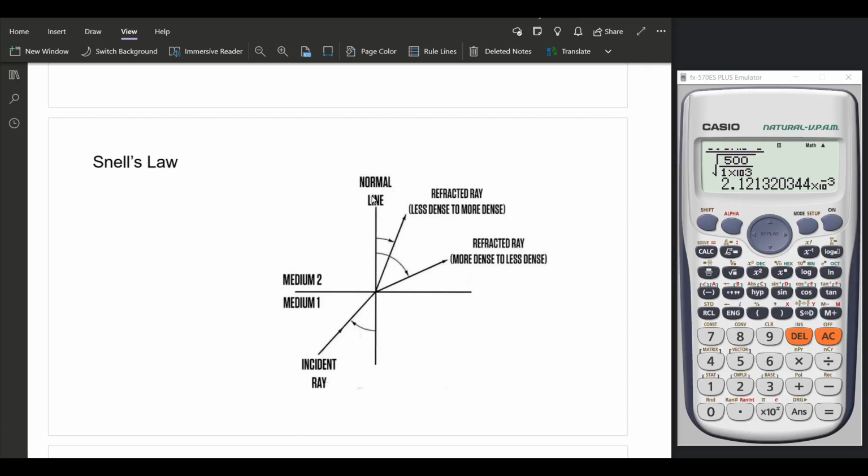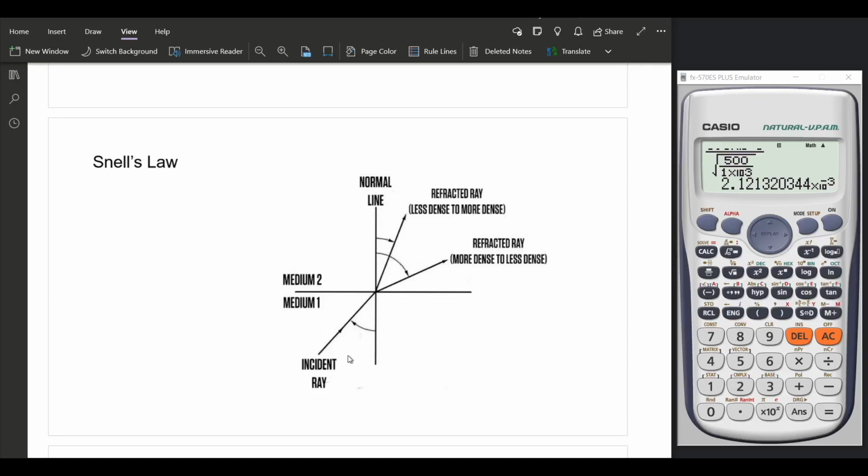The normal line is the line perpendicular dun sa dalawang surface. Ito yung surface mo, ito yung parang boundary nila. So medium 1, medium 2. So this will be the normal line. Dyan mini-measure yung angle of incidence at saka yung refraction angle or angle of refraction. So with respect palagi doon sa tinatawag nilang normal line.